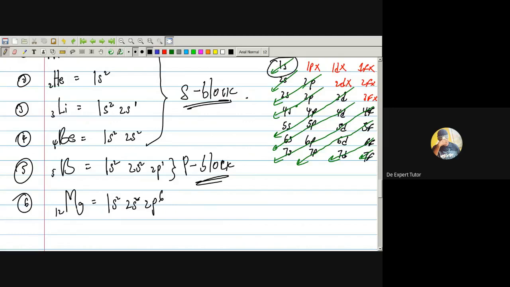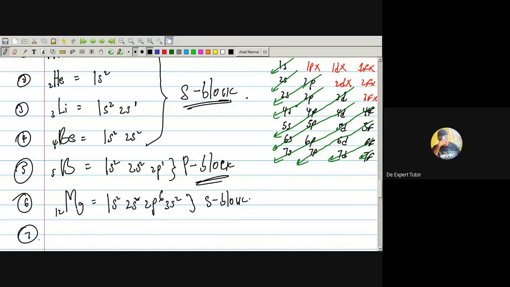I've occupied 1s, 2s, 2p. The next one is 3s. So I have 3s2. So this belongs to the s block.